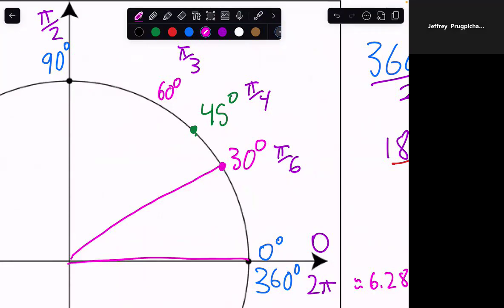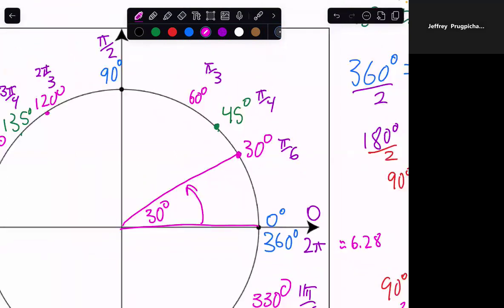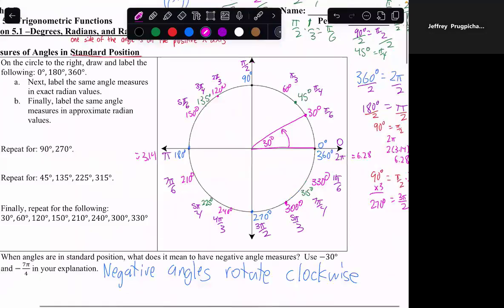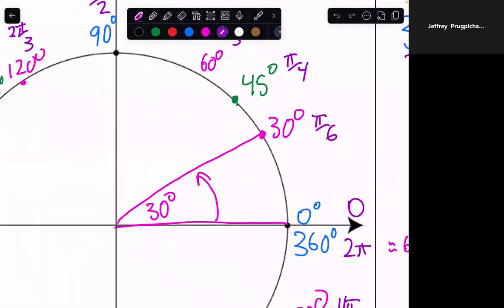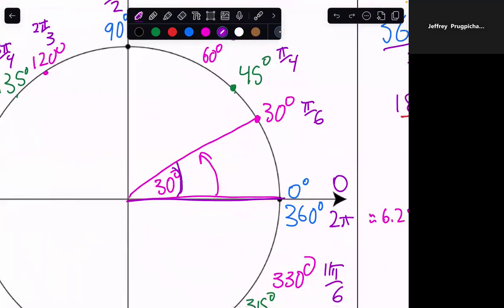We rotated from the positive x-axis this way, so that's 30 degrees. For a negative angle, we're going to rotate clockwise instead. You still start at the positive x-axis, but instead of rotating counterclockwise, you rotate clockwise. You rotate the same amount, but in the other direction.